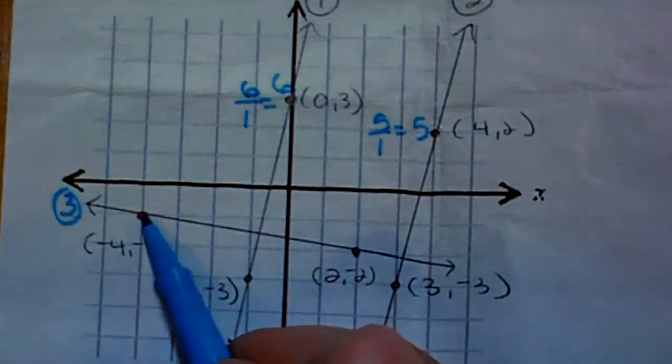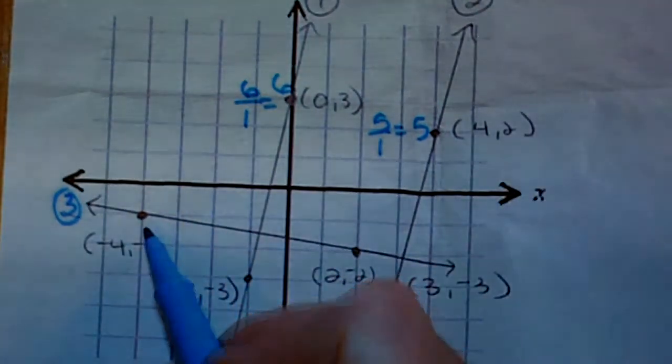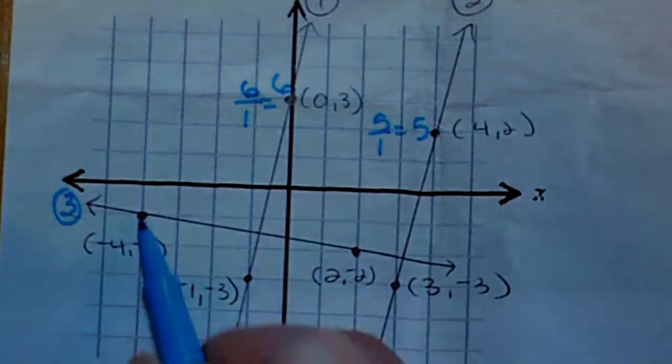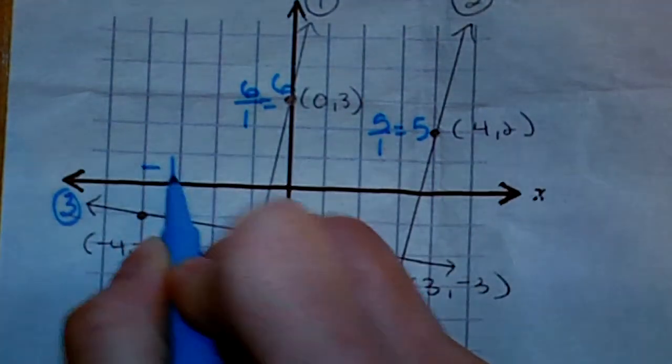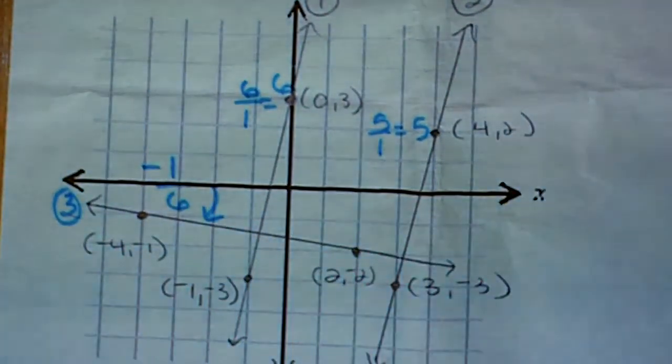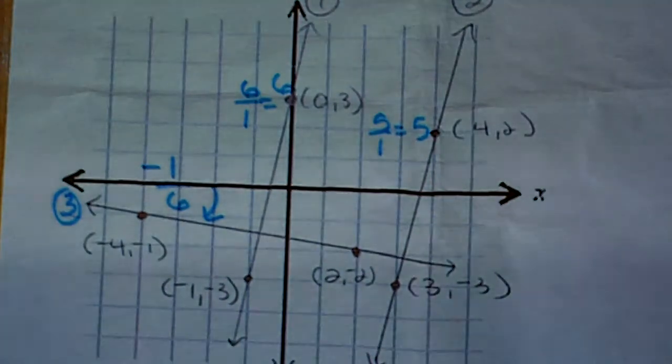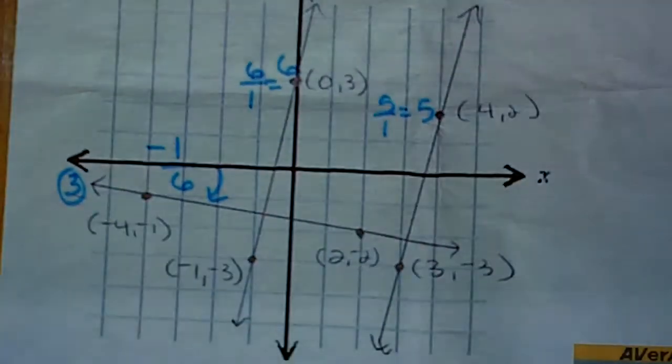Let's find the slope of line 3. I'll start from here and go to here. It doesn't matter. We learned that in lesson 1. I'm going to go down 1 and right 1, 2, 3, 4, 5, 6. So that would make this -1/6 for the slope of that. All right, I'm guessing that you know that if I take -1/6 and multiply it by 5, I'm not going to get a product of -1.